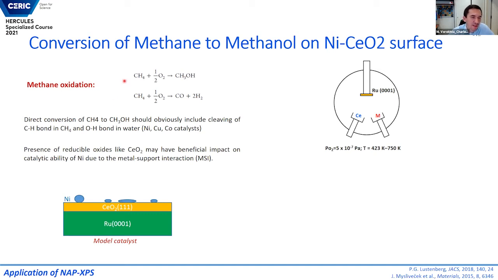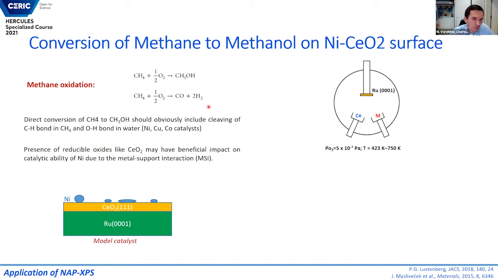There are two possibilities. The first one is that if you mix methane with oxygen, it can completely dehydrogenate, and you then have the formation of CO and hydrogen. You cleave the bonds with hydrogen, and then the carbon interacts with oxygen.